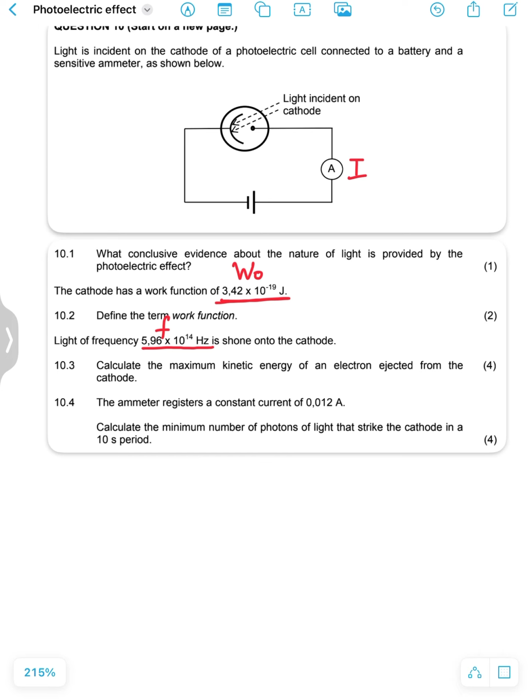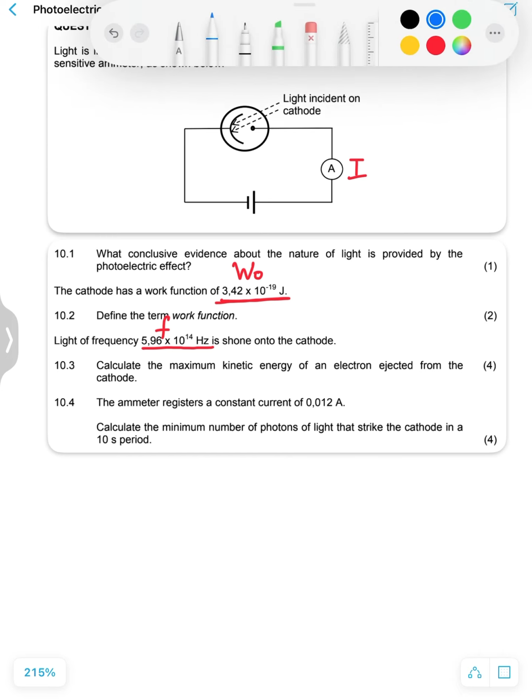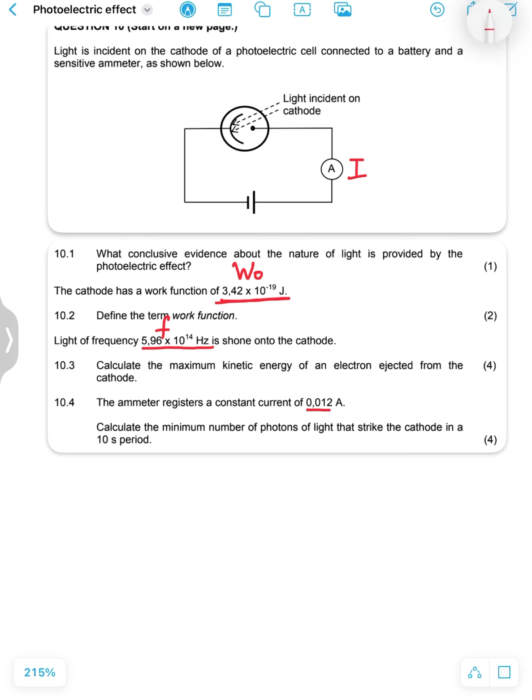So you have a current here of 0.12 amperes. And then calculate the minimum number of photons of light that strike the cathode in 10 seconds.